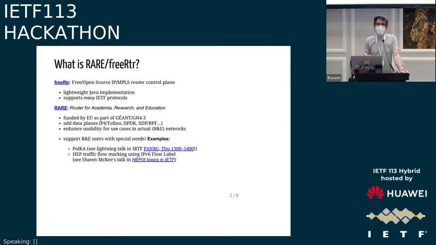And another example of these special uses is also represented here by Carmen from CERN, where some physicists, reminded me of the ALTO talk, try to solve some other problems of their very large data transfer needs by marking flows using the IPv6 flow label and doing traffic engineering based on that. This is something that normal routers don't do because they don't use flow labels for that, but it's fairly easy to implement if you control the platform. So that is also something that we have nice working code for on this platform.